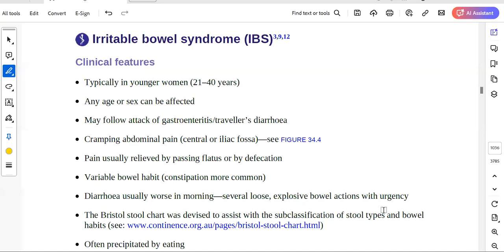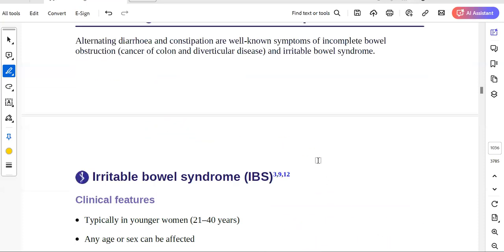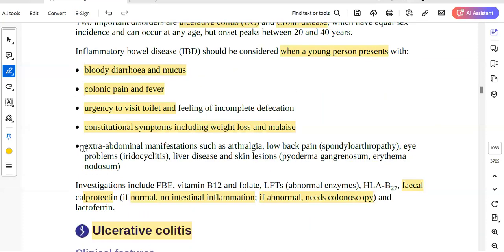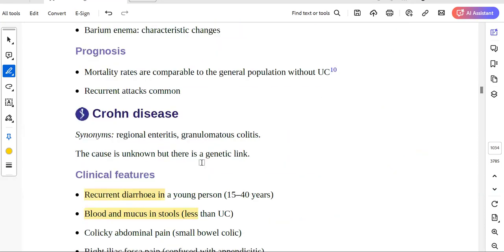So that is IBD. Also, patients who have Crohn's disease have the possibility of extra-intestinal symptoms, which are common in Crohn's disease. These are arthralgia, low back pain, uveitis, liver disease, and skin lesions like erythema nodosum.